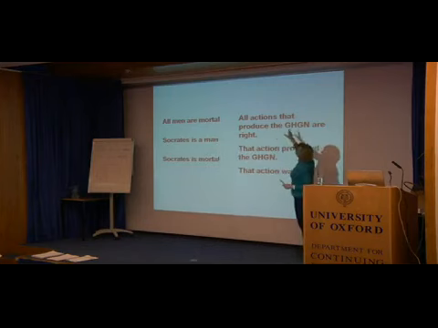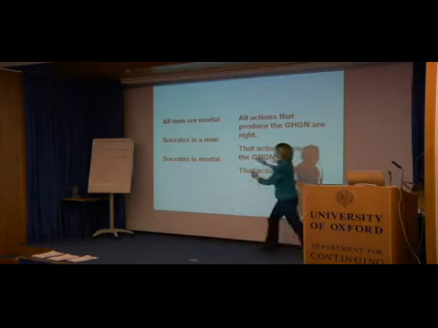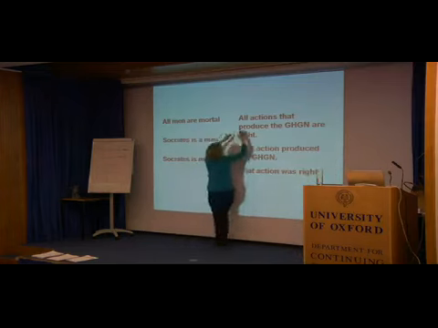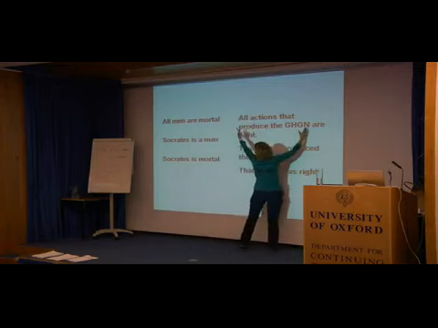All actions that produce the greatest happiness, the greatest number, are right. Okay, so actually A isn't actions, is it? It's actions that produce the greatest happiness, the greatest number. So all men are mortal, and all actions that produce the greatest happiness, the greatest number, are right.